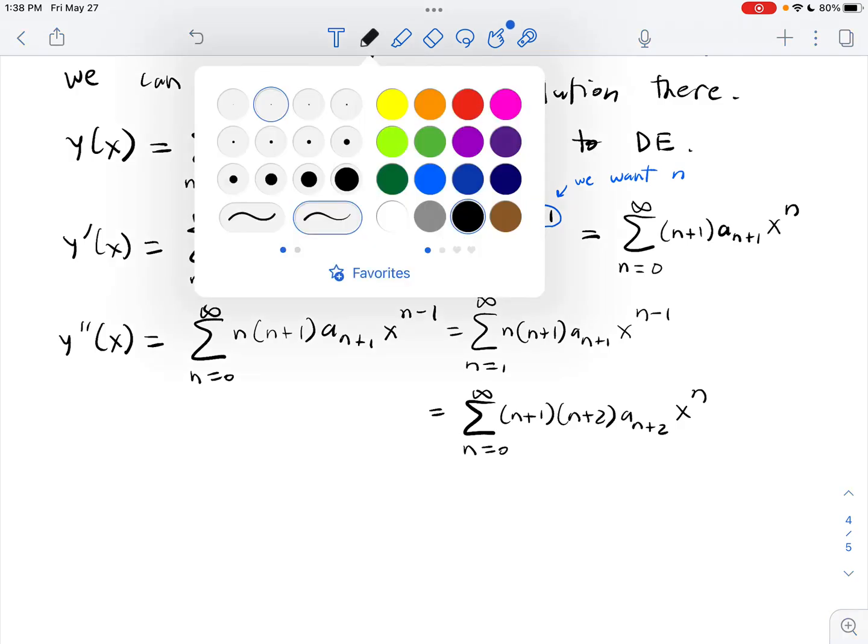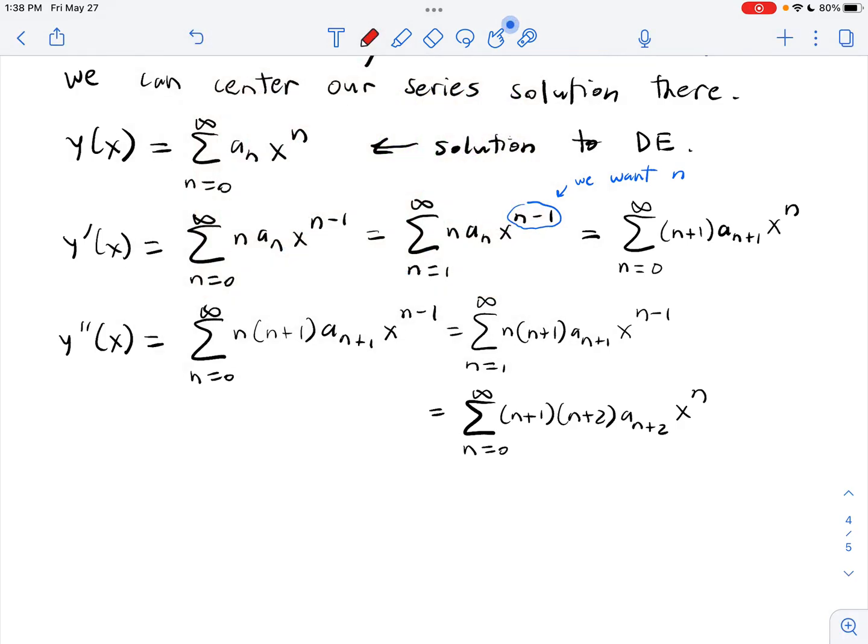Again, guys, we want our answer in all of these derivatives to have an n power here, right? We want to have an n power everywhere because we're about to have to combine everything together and combine like terms, and we know we can't do that unless the powers agree with each other, right?